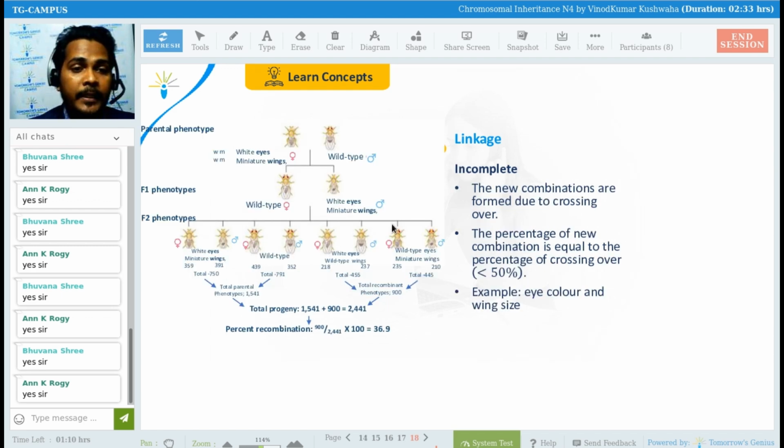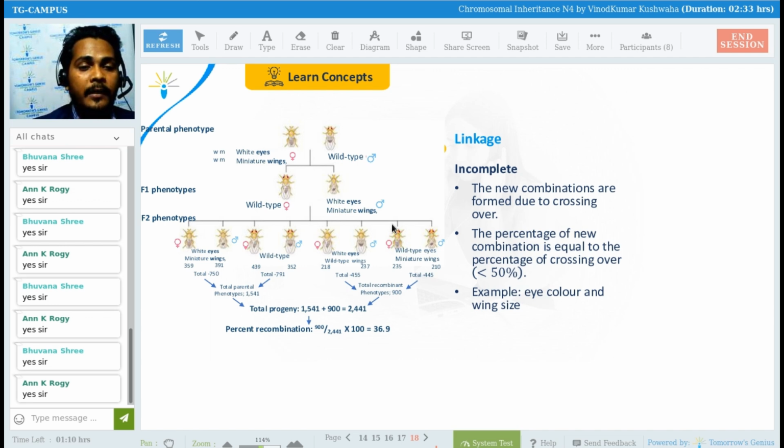But in case of incomplete linkage, new combinations are formed due to crossing over, and because of that there is a chance that new combinations will arise. The percentage of new combinations is equal to the percentage of crossing over, which is less than 50%.